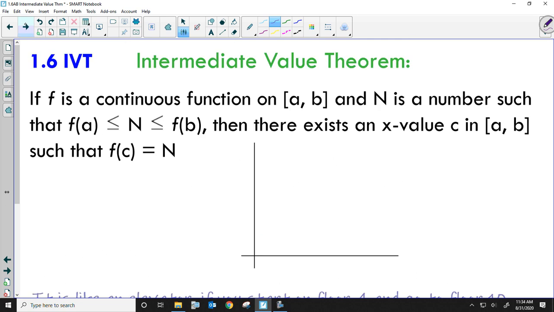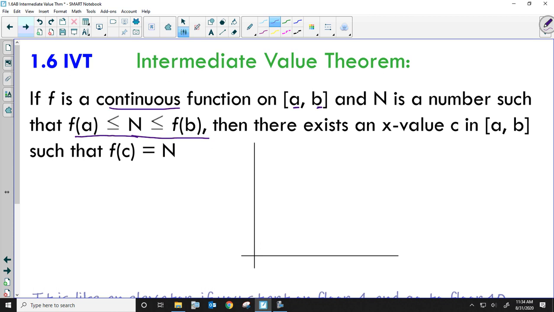So that's kind of the intermediate value theorem. Here it is formally. Here's your definition. If f is a continuous function on a closed interval a to b, so those are x values, and then n is a number such that n is in between 2 other outputs, and those outputs specifically are the outputs at the endpoints of your interval.